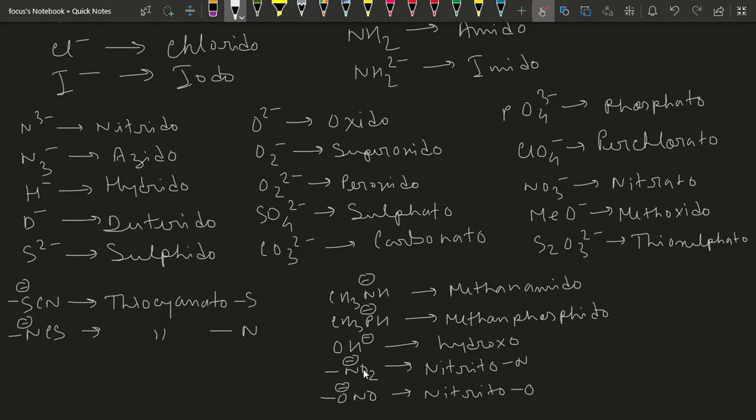Similarly, in this case, this ligand is connecting via the nitrogen atom, that's why we write nitrogen in this name. On the other hand, here it is connecting via the oxygen atom, that's why we write oxygen here.